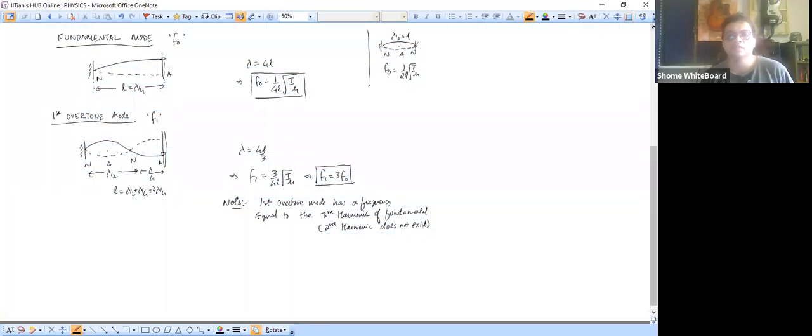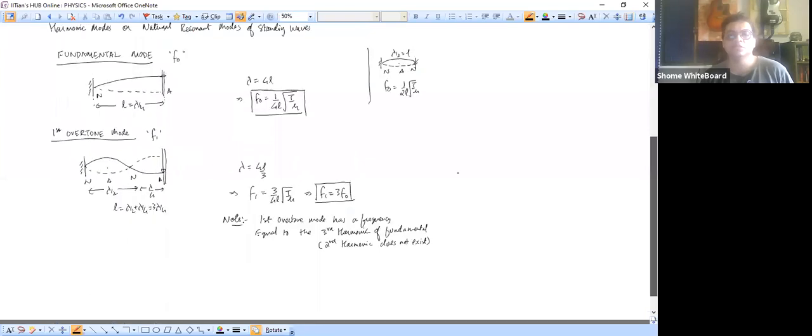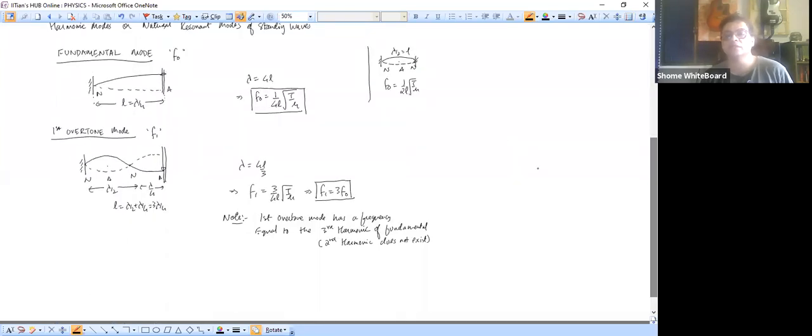Okay. So again, if you were to compare this situation with the situation where the string is tied at both the ends, there the second overtone looks like this. So in the first overtone mode over there, it was 2 times f naught because lambda became equal to L. So f1 became 1 by L square root T by mu.